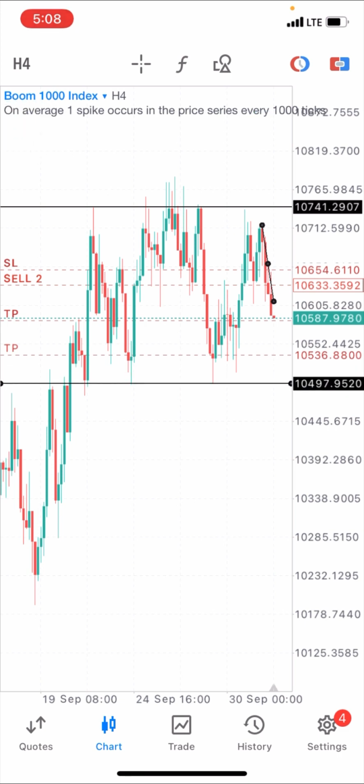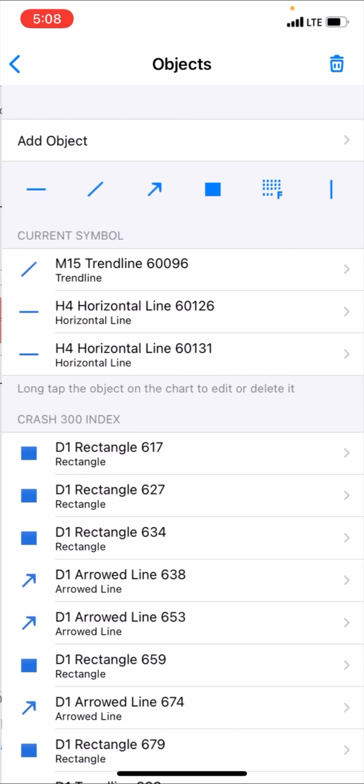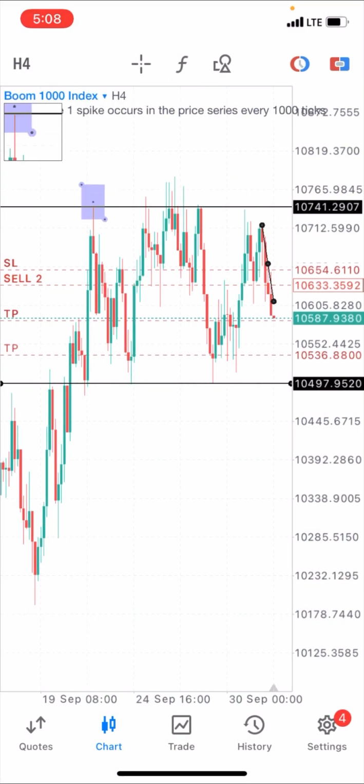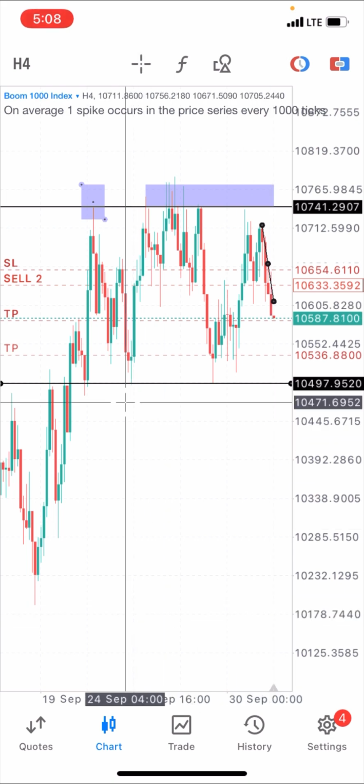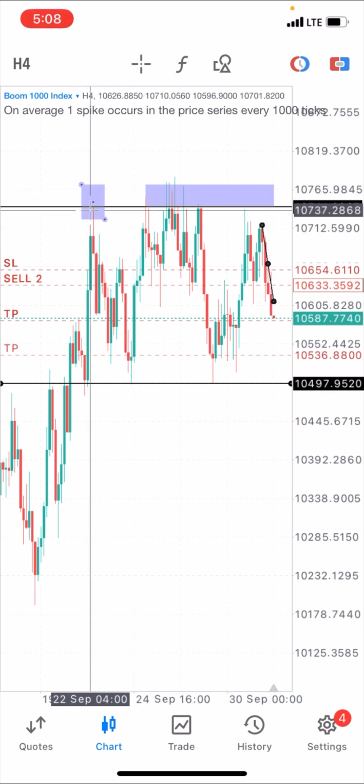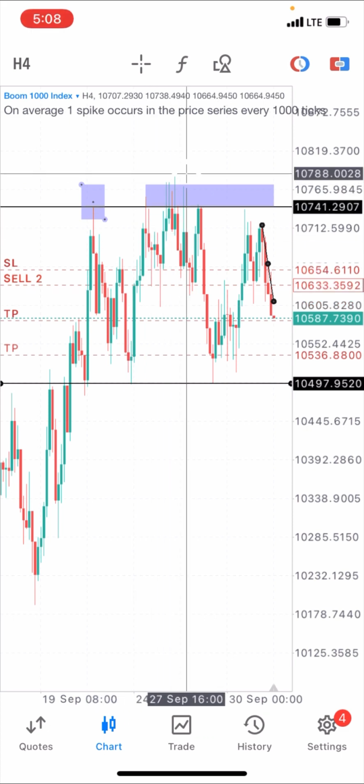All right, so it's very obvious that the market, whenever it hits this level, it usually just bounces back, right? You can see with your own eyes whenever price goes to the levels marked here. All right, whenever it gets to that level, usually just goes back downwards, right? So look at it here. You see it came to this level and it dropped, came back, dropped, came back to that level.